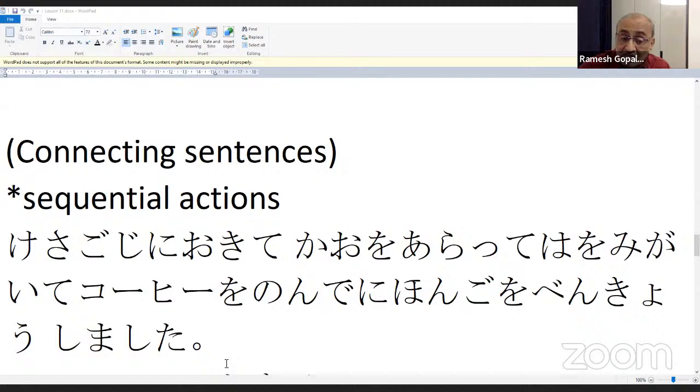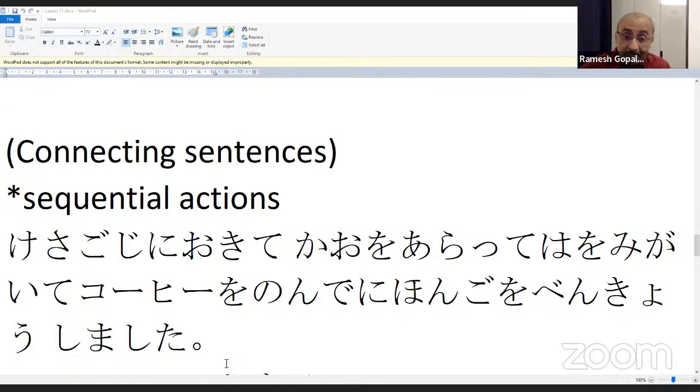How will you say that? The final verb is shimashita, so it is in the past. So: kesa goji ni okite, kao aratte, ha o migaite, kohi o nonde, nihongo o benkyou shimashita.